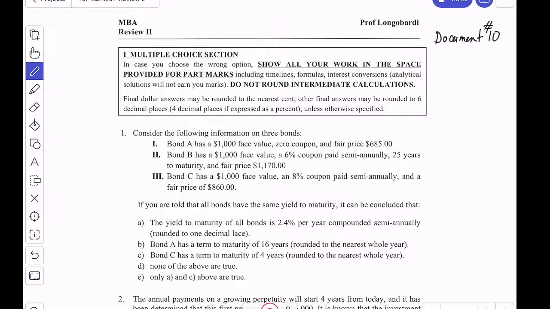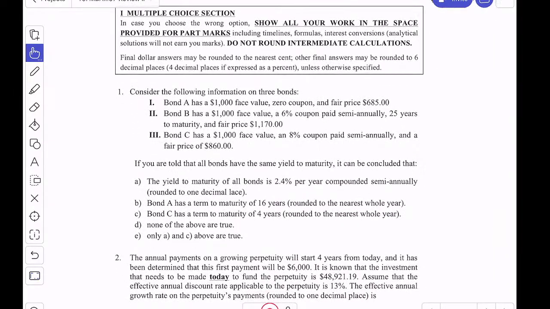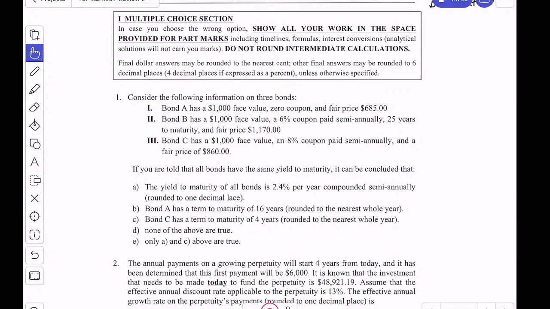Did you have a chance to attempt these problems, and are there any problems you would like me to solve on this document? I just sent you the solution set for it, so you could look at that if you like. So any problems on document 10 that you'd like me to solve?